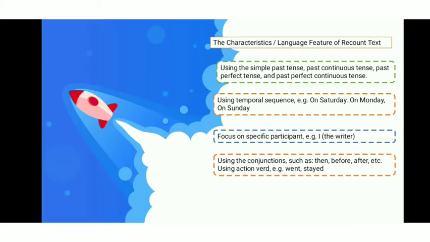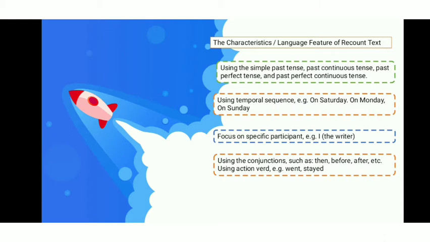Okay, next I will tell you the characteristics of recount text. The first is that recount text always uses the simple past tense. Besides that, recount text is also written with past continuous tense, past perfect tense, and past perfect continuous tense. So recount text always uses past tense, right? The next is using temporal sequence like on Saturday, on Monday, on Sunday, and many more.